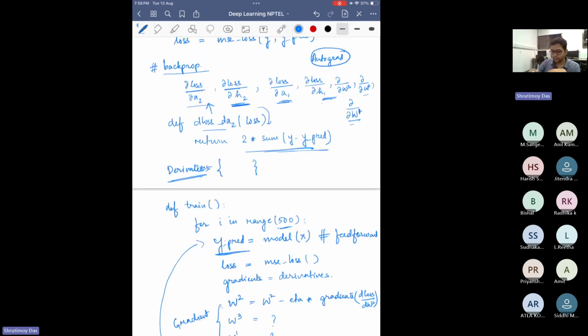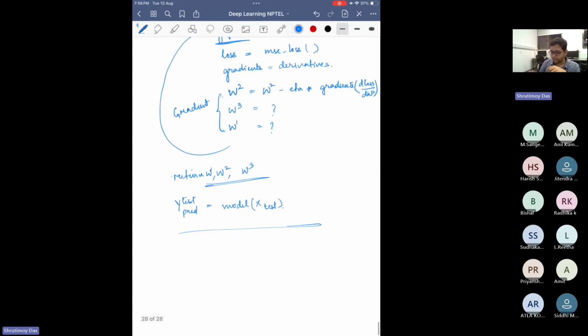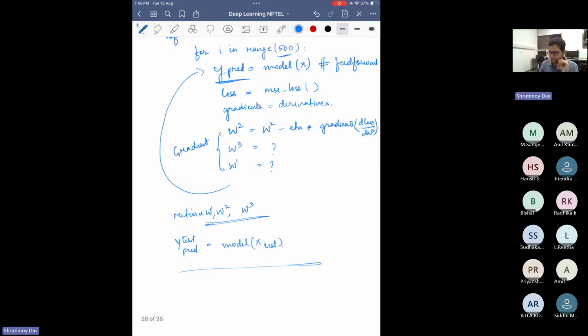If you use AutoGrad, you just have to define your model and say model dot backward. It will do the backward propagation by itself in PyTorch or TensorFlow, and you just get back the parameters of your model. Using those libraries, it is very easy to do all of these actions.